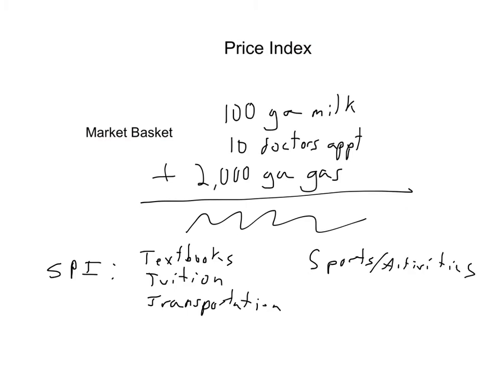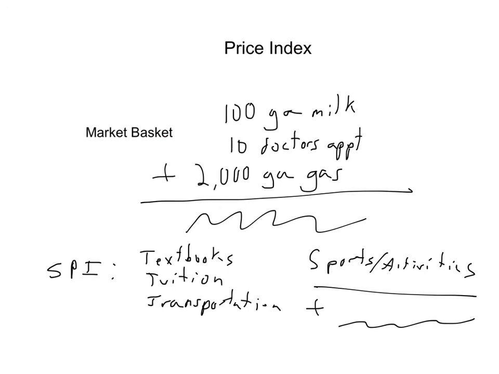And we add all these prices together and we get our index. If this number, whatever this is, goes up from one year to the next, then we have some kind of inflation. But if it goes down, then we would have some kind of deflation.